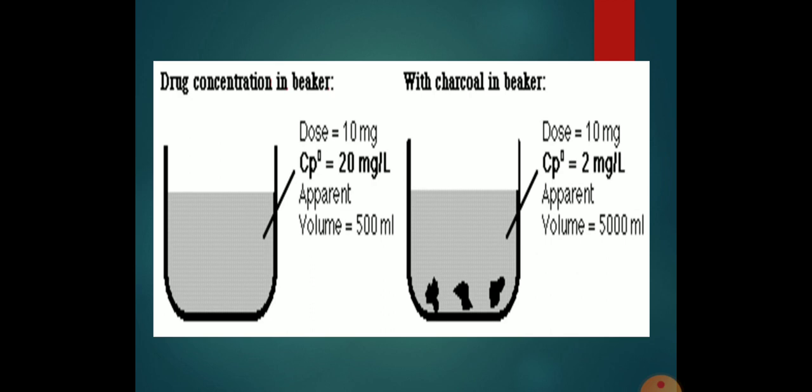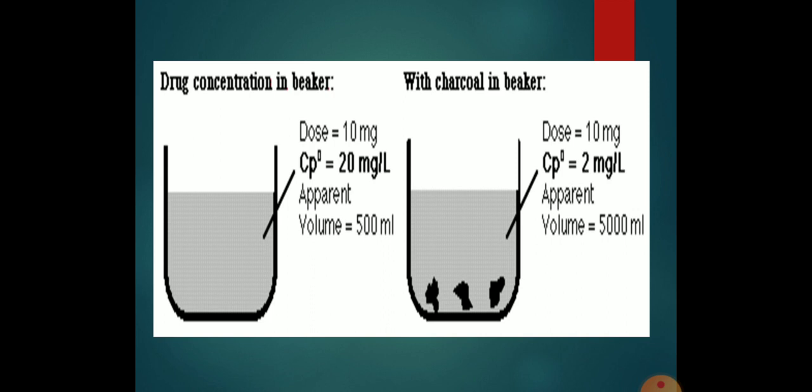Drugs extensively bound to plasma proteins are largely restricted to the vascular compartment and have low values of volume of distribution. Such examples are diclofenac sodium and some oral anticoagulants like warfarin. And in these cases, if drug toxicity happens, you have to take help of hemodialysis.